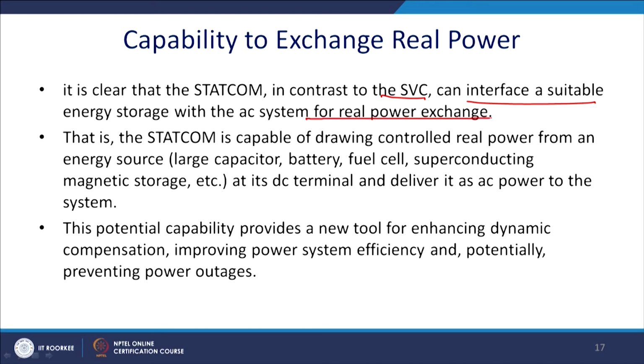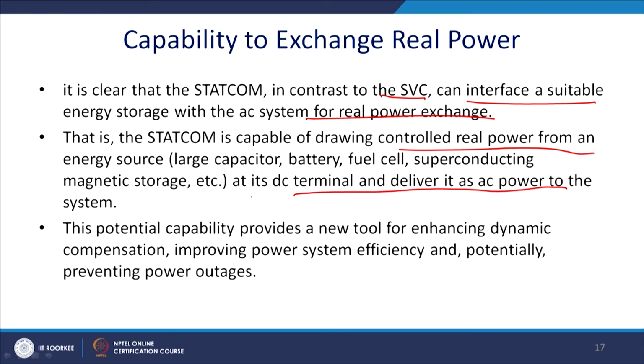That is, the STATCOM is capable of drawing controlled real power from an energy source like a large capacitor, battery, fuel cell, solar cell, magnetic storage, or superconducting material at its DC terminal, and delivering it as AC power to the system.